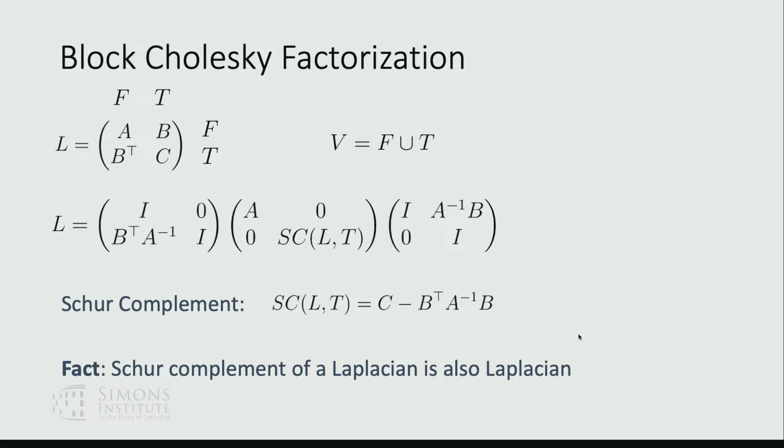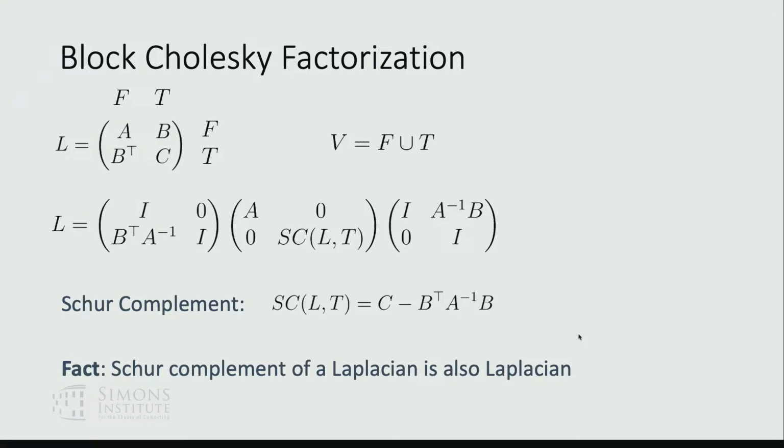Let me explain. This process can be considered as eliminating the variables f. Turns out that this is exactly what you are doing under the hood when you're doing Gaussian elimination. I will not show that connection, but doing Gaussian elimination is exactly this when you eliminate the variables f. For the Schur complement, you have to specify the matrix and you have to specify the vertices on which you're taking a Schur complement.